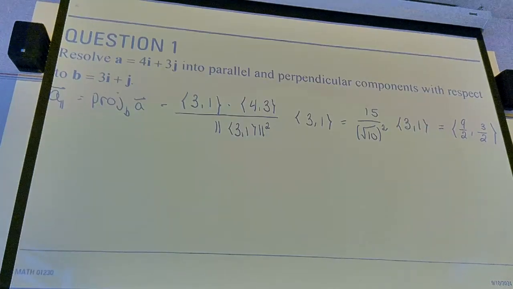Maybe not. B as a unit vector multiplied by the magnitude of A, that shouldn't be the same thing. I'll mess around with it. I'll put it out of mind for now.